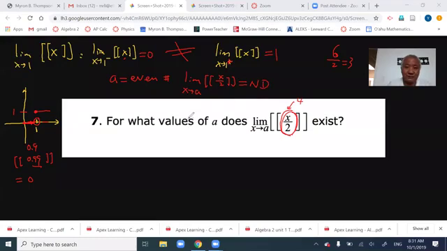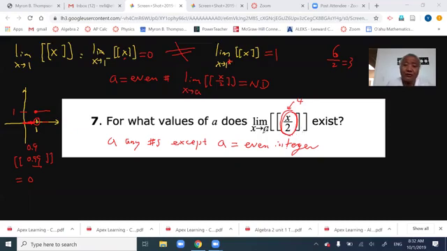So we've noticed that when a equals an even number, the limit as x approaches a does not exist. But here they ask for what values of a the limit exists.